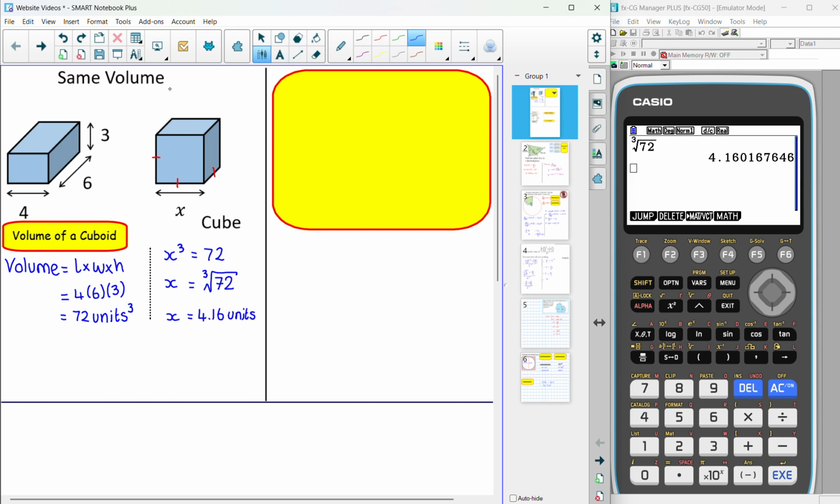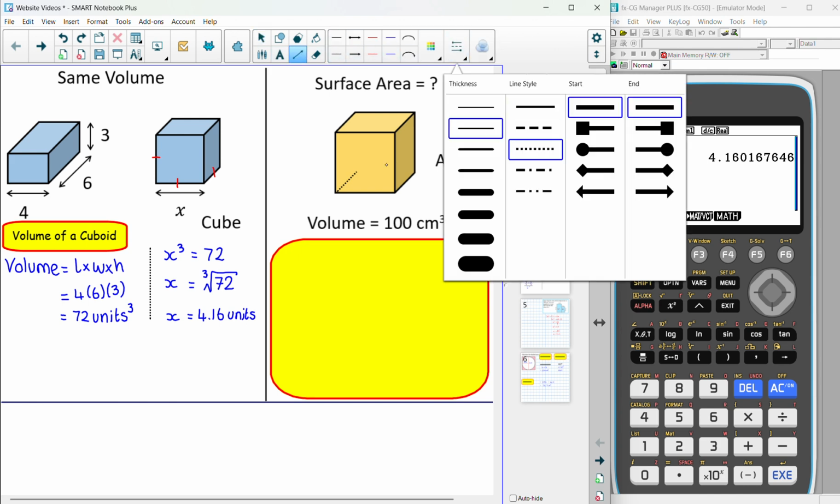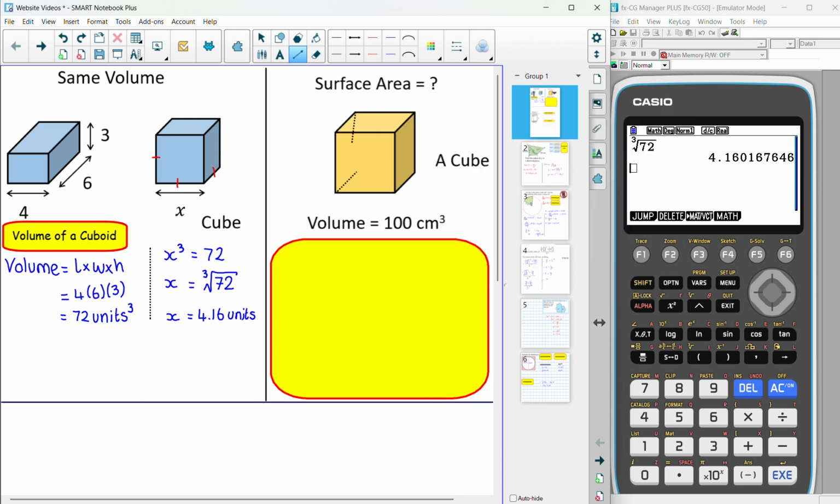Okay, now this is the question to help us with volumes. How about this one? This is about surface area. Let's have a quick look. Once again, it's telling us about the surface area. So let's have a quick look at the dimensions. Let's select this and let's drop this down.